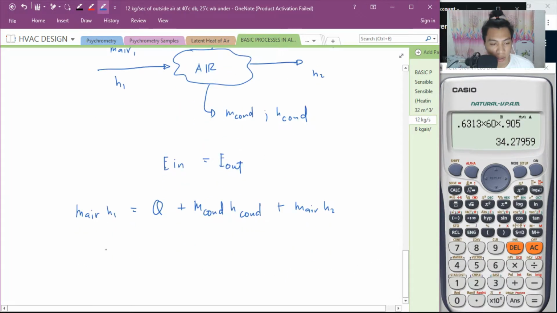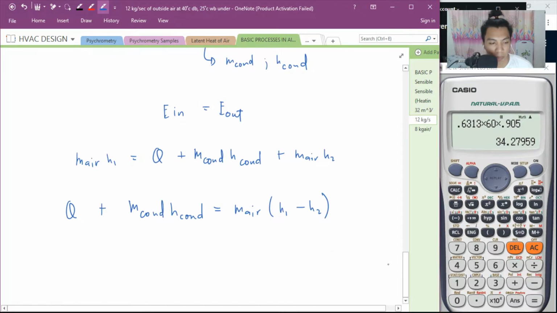Okay? So, Q plus M condensate, H ni condensate equal to M ni air, factor out yung mga H, factor out si air dun sa H's, H1 minus H2. Yan. So, ano yung meron tayo dito?